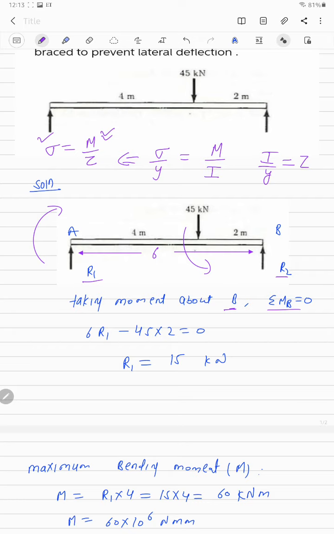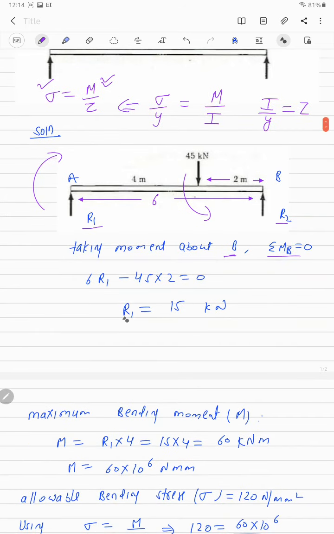So 6 into R1 minus 45 into 2, this distance is 2, equals 0. There will be no moment due to R2 because we are finding moment about this point only. After solving this we will get R1 as 15 kilonewton.